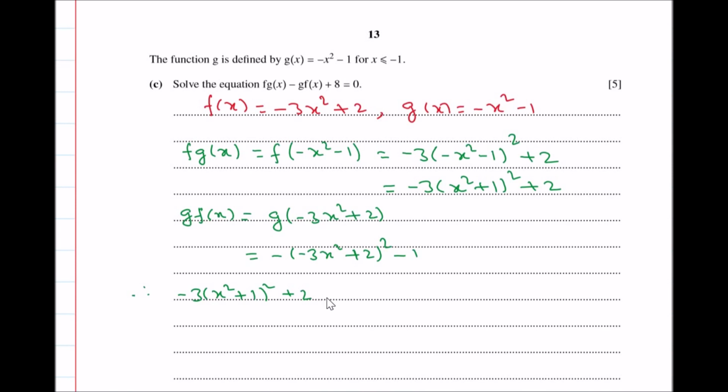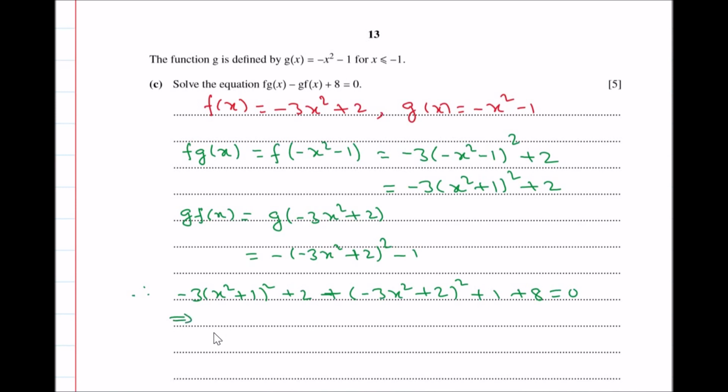Then we have minus g f x. So this minus and this minus becomes plus. So we write plus here, and we write minus 3x square plus 2 whole square, and this minus also becomes plus. Plus 1 plus 8 equal to 0. Okay.